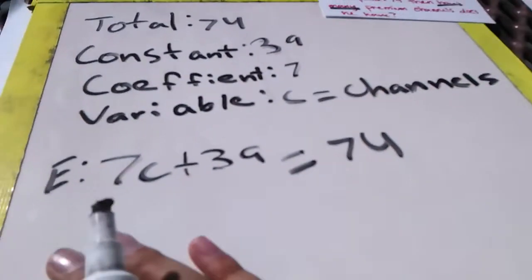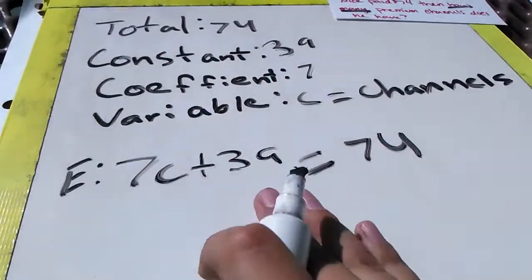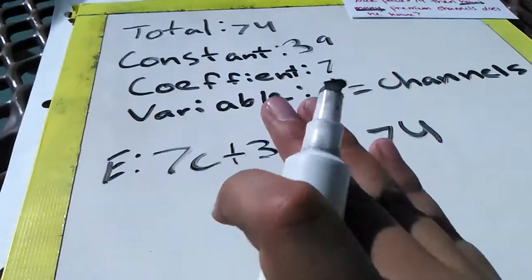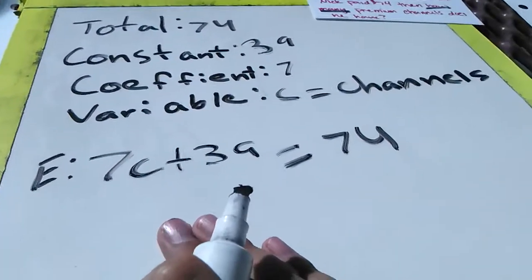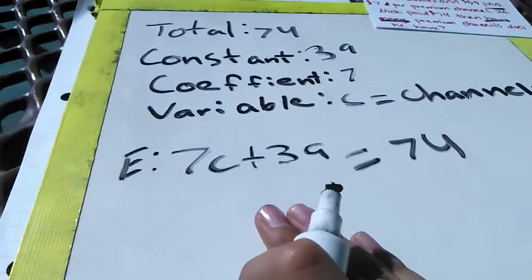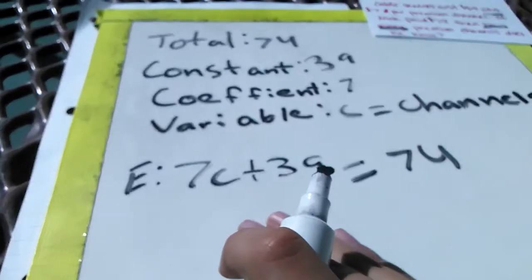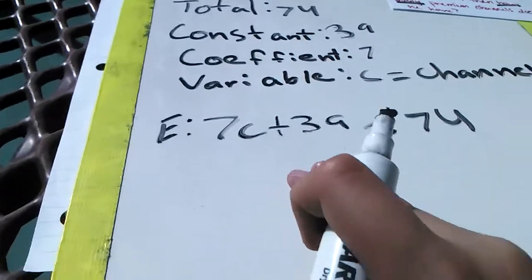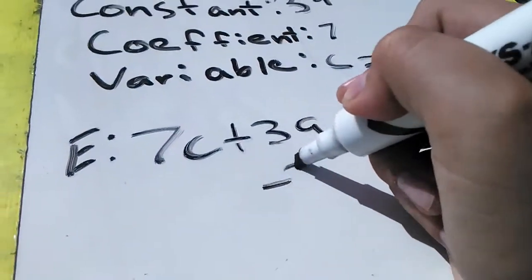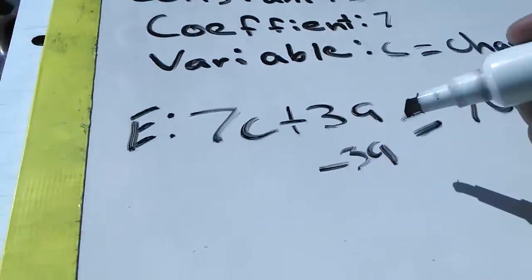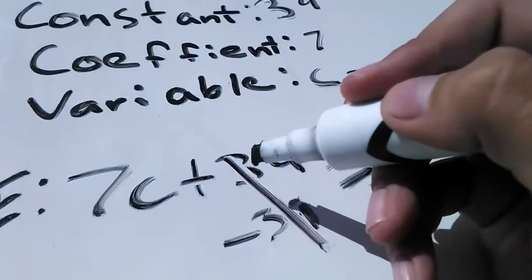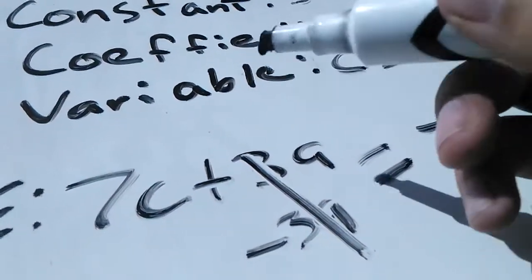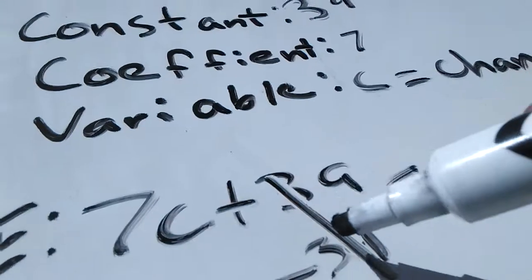Okay, so now that we have the equation down here, we're gonna start on the 39, because this 39 is gonna be subtracted since it's positive. If this was a negative, it would be plus. So we're just gonna put down a 39 right there, and then we basically have to get rid of the number. So whatever number is here, let's just say 42, then you would minus it by 42.